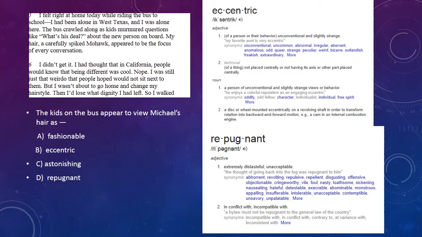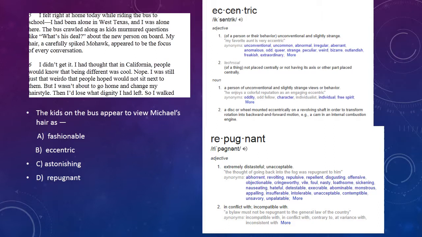Then I'm going to go back in the text and find where there's talk about the kids on the bus and Michael's hair, and I'm going to read and get an idea of what they might be saying about his hair. And if I read in paragraphs 5 and 6, I get the idea that Michael feels the kids think his hair may be weird, that he may be a weird person.